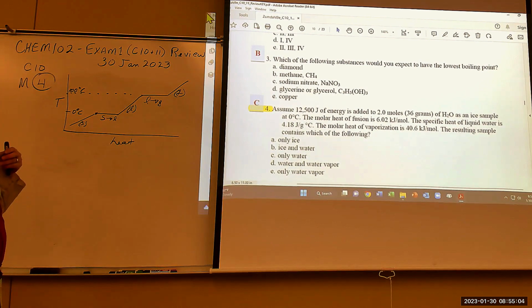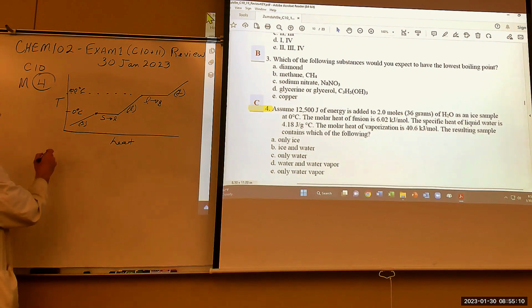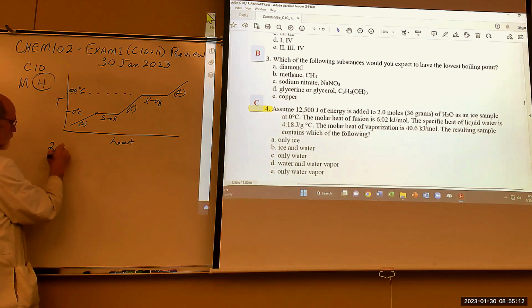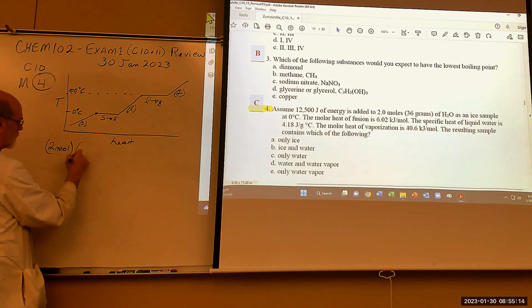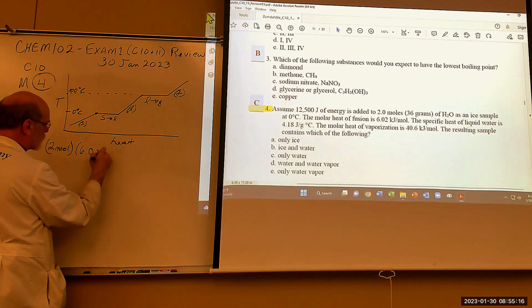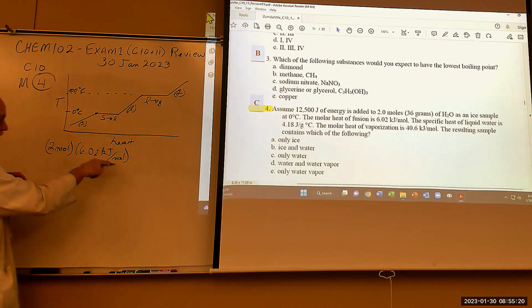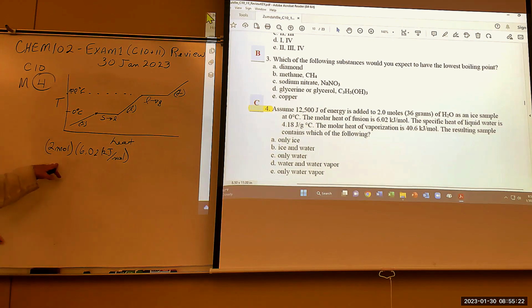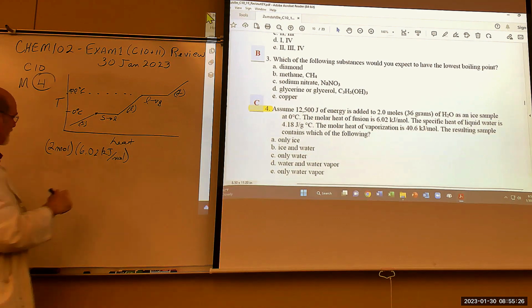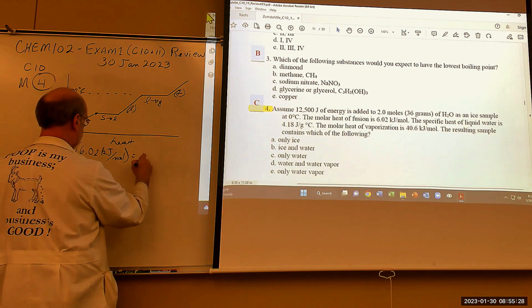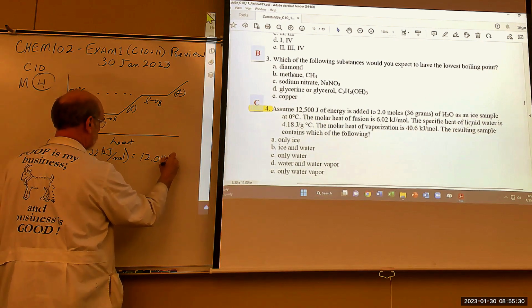Well, we're going from 2 moles of water and 6.02 kilojoules per mole, right? So this will tell you how much energy is required to melt that ice. All right. So what's that? 12.04 kilojoules.